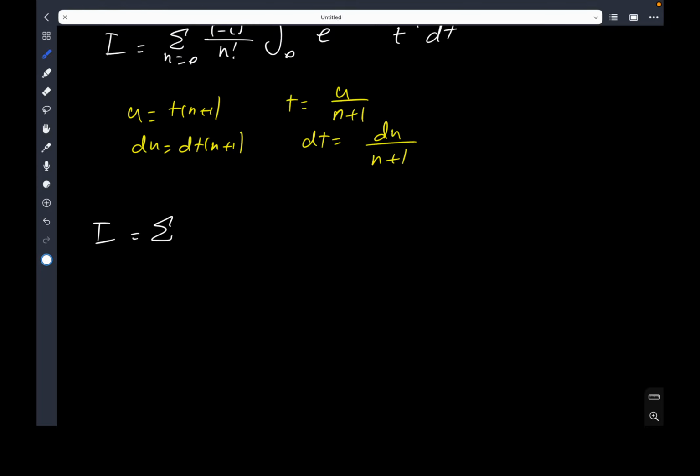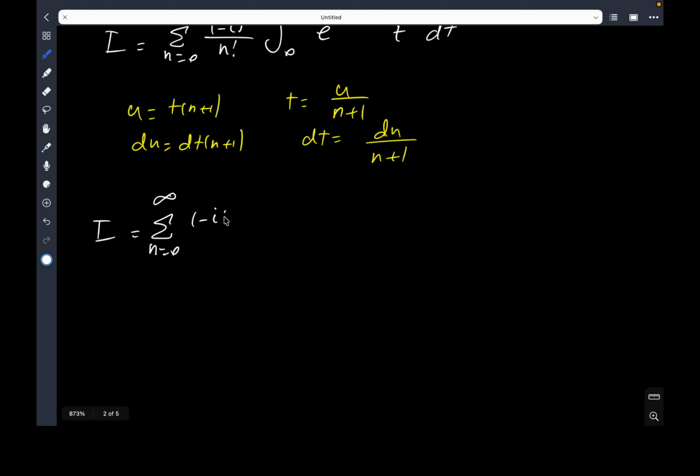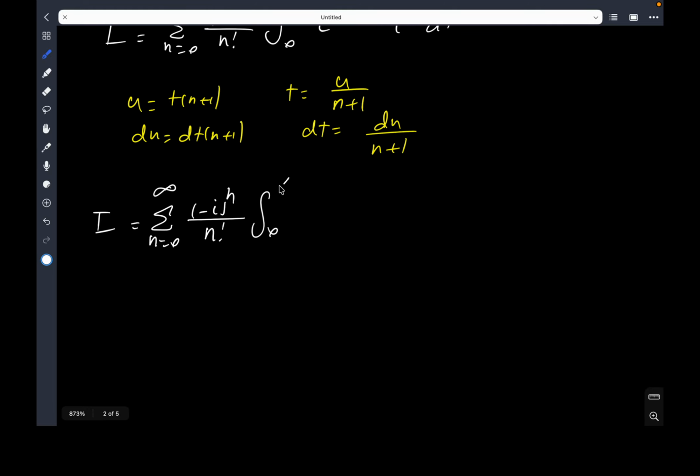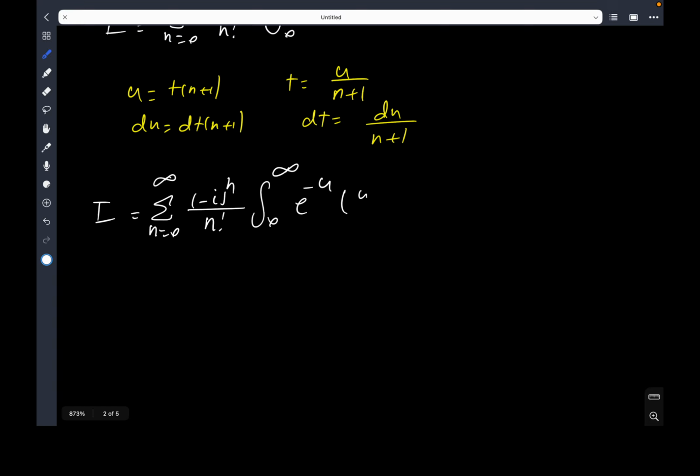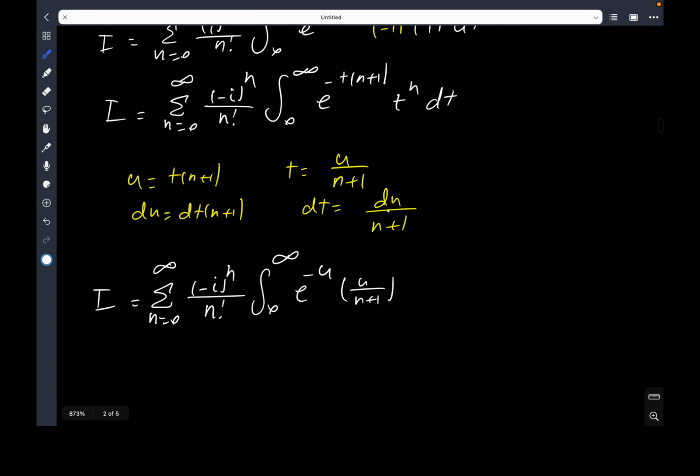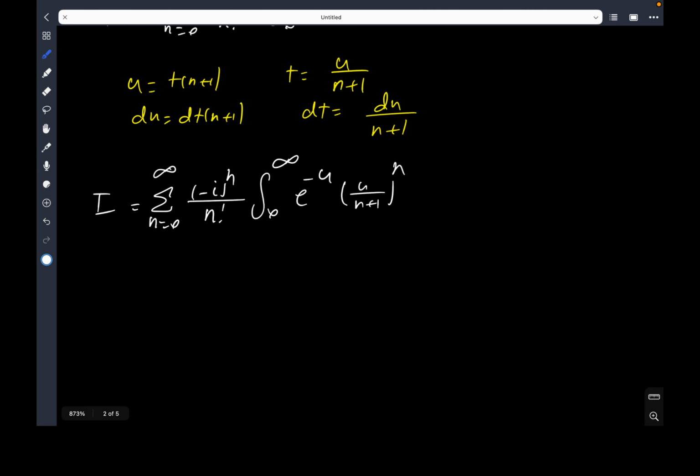Substitution: the sum from n equals 0 to infinity of negative i to the n over n factorial, the integral from 0 to infinity of e to the negative u, t to the n is u over n plus 1 to the power of n, times du over n plus 1.